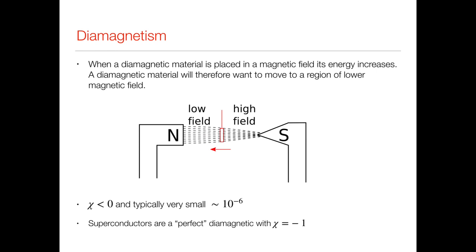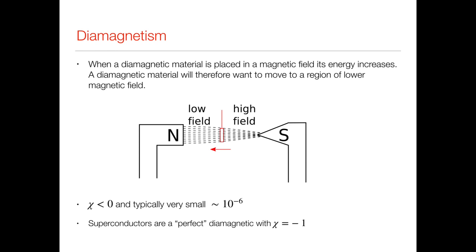What that means is that the susceptibility of a diamagnet is negative. Okay, so diamagnetic materials are defined by a negative susceptibility. Now, for all ordinary diamagnetic materials, chi, the susceptibility, is very small.